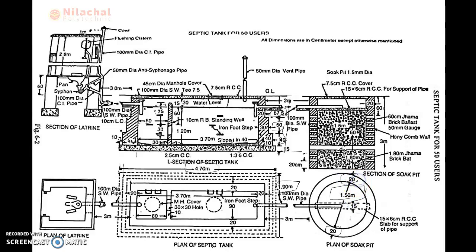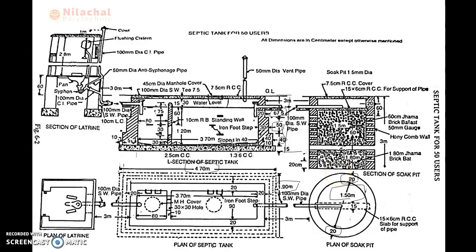So here the two thickness dimensions are given in 20 centimeter, and the inner dimension is given in meter. So first of all the outer dimension or thickness dimension we need to convert to meter. So 20 centimeter is equal to 0.2 meter, and on the opposite side also 20 centimeter thickness is provided which is also 0.2 meter.